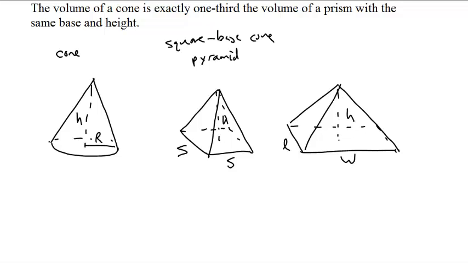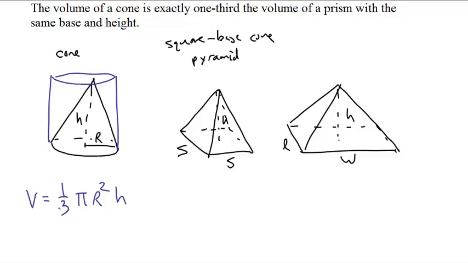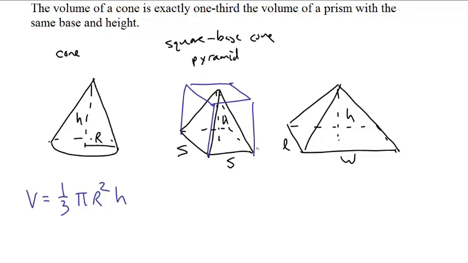Now, if we were talking about a cylinder, the volume would be pi r squared h. That is the area of the base times the height. But for the volume of a cone, it's 1/3 of that. If this was a box with a height of h and bottom sides of s and s, then the volume would be s squared times the height.